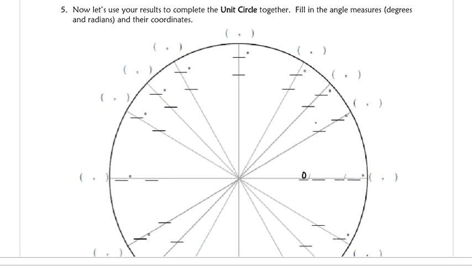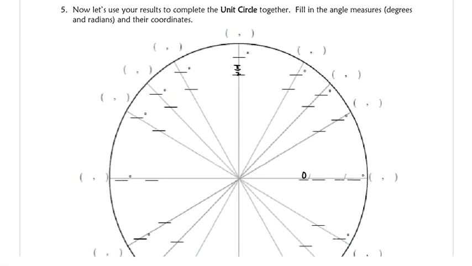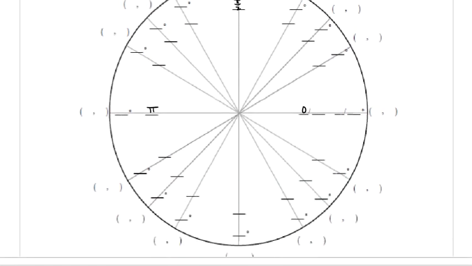So this is 0, this is pi over 6, pi over 4, pi over 3, pi over 2. Now, I'm going to use some different colors. I'll do pi and 3 pi over 2 and then 2 pi.